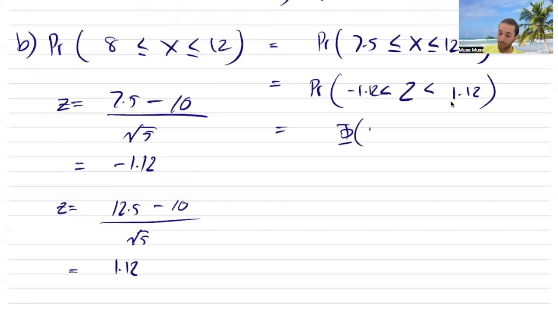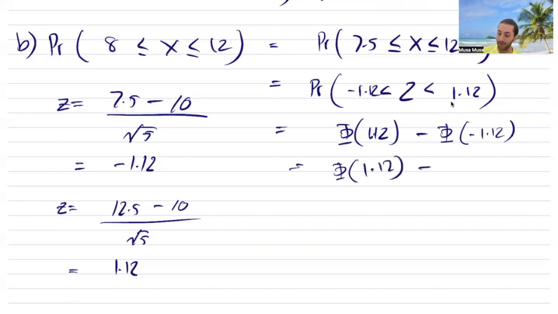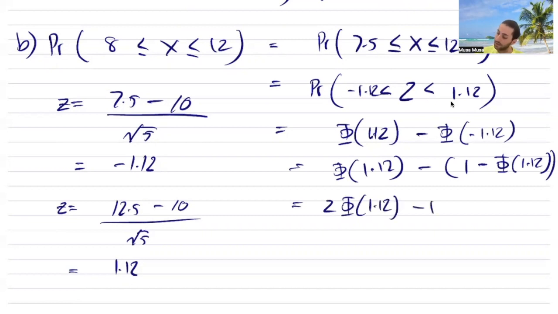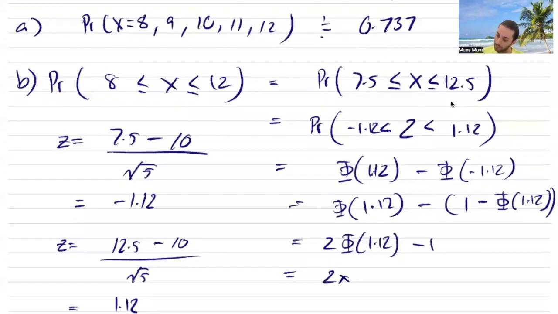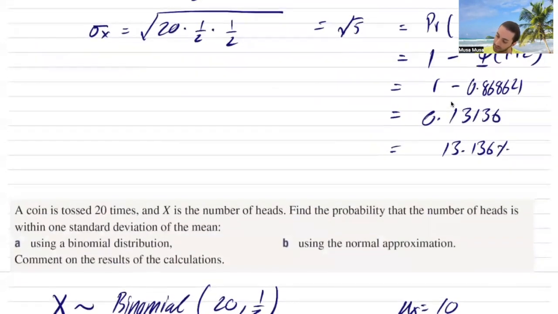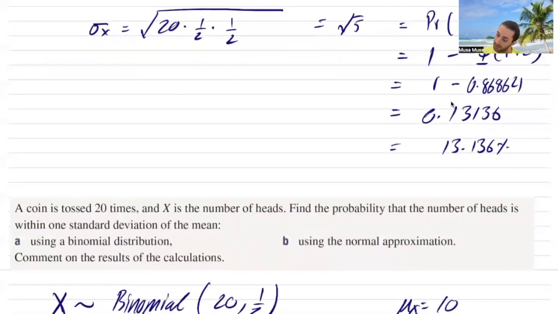Again, using all of our rules that we've discussed beforehand, that's phi of 1.12 minus phi of minus 1.12, and phi of minus 1.12 is the same as 1 minus phi of the positive. So this becomes 2 times phi of 1.12, minus 1. We found this before, didn't we? 0.86864.